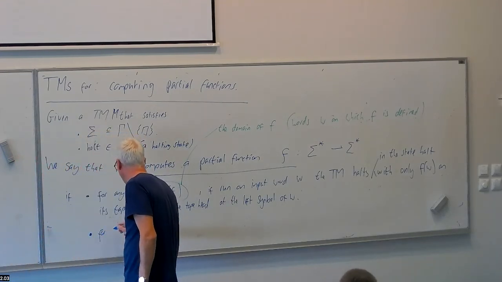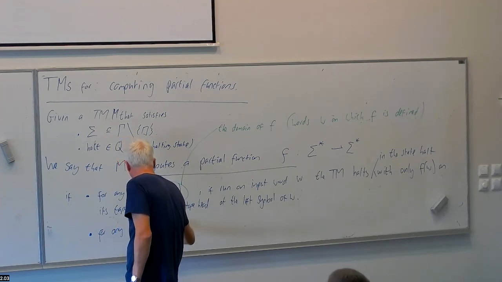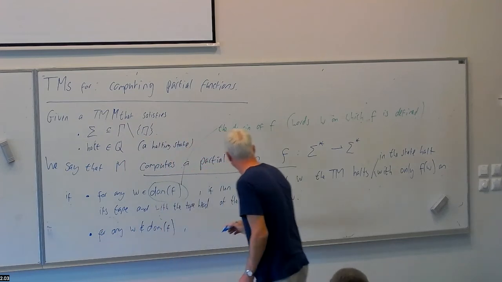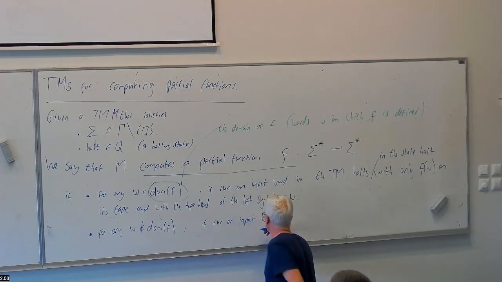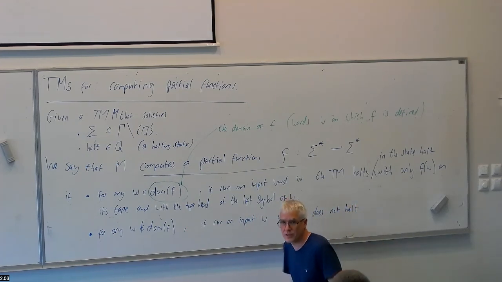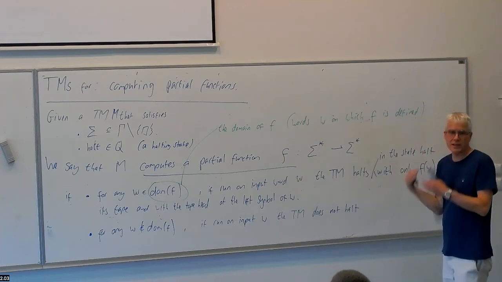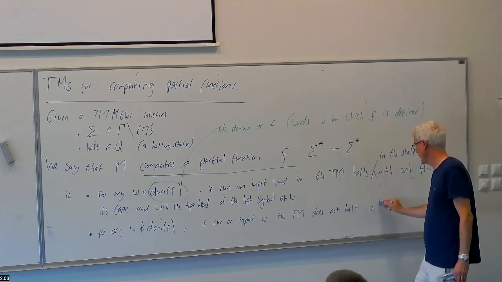If you give it a word not in the domain of f, so for any w not in the domain of f, if run on input w, the TM does not halt in the halt state. It can halt in another state, but does not halt in the halt state. So the halt state is indicating, yes, I have found a word that's in the domain of the function, and I have successfully computed its image according to the function.